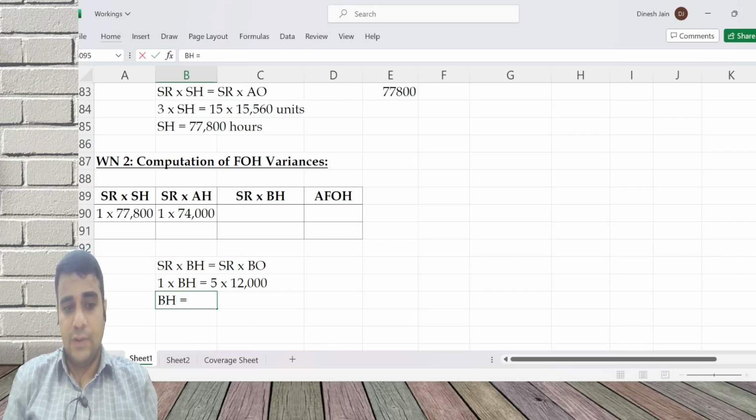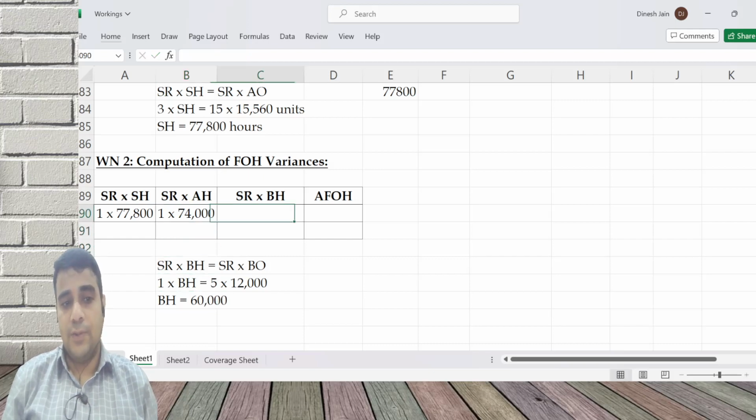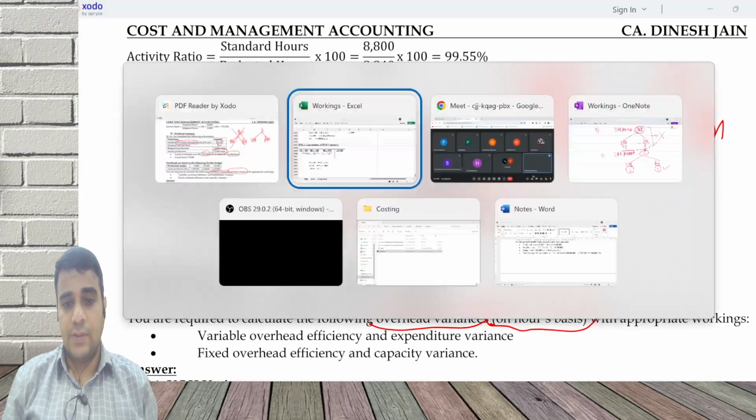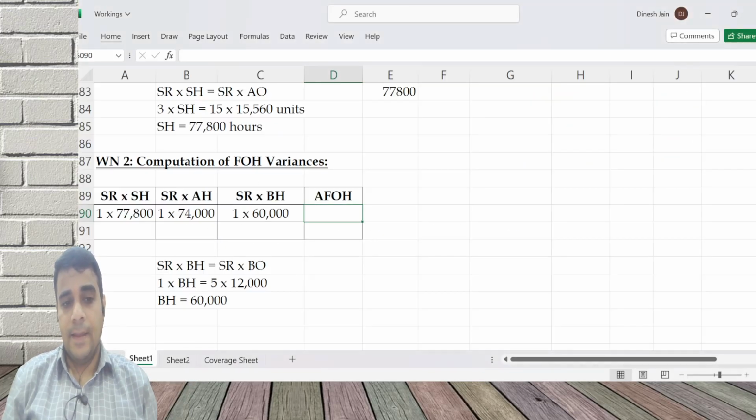BH is equal to 60,000. So 1 into 60,000, and AFOH is 62,500.